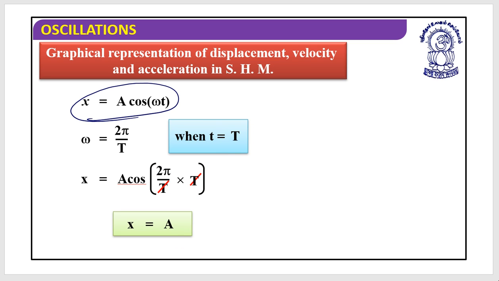Next, x equals a cos omega t, with omega equal to 2 pi by T. When t equals T, x equals a cos of 2 pi by T into T. The T has gone, I am left with cos 2 pi, which is cos 0 degree, so this will be a. So this displacement is a.